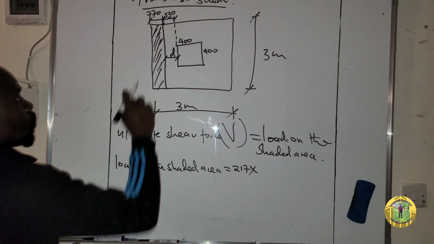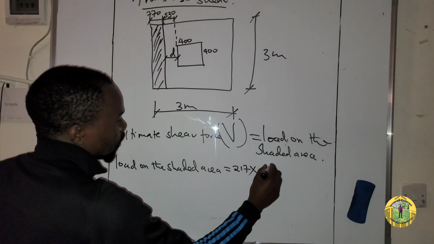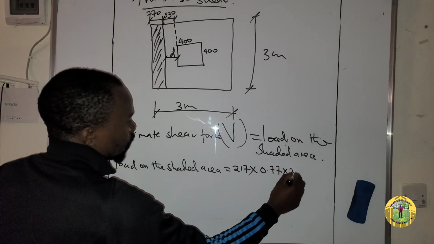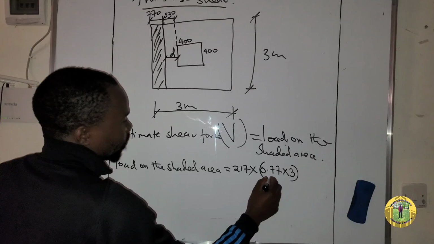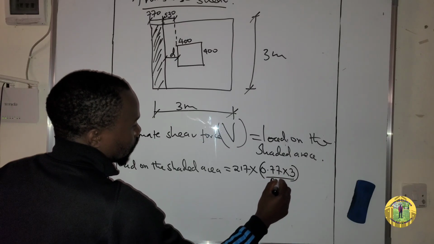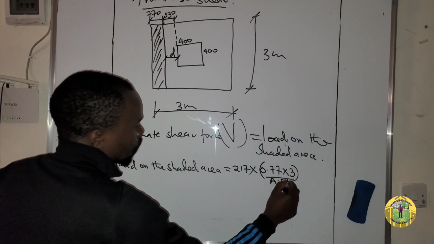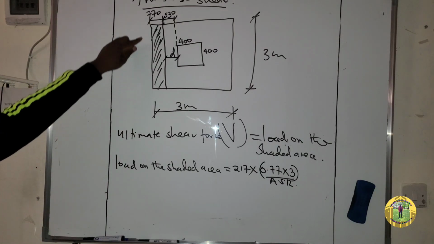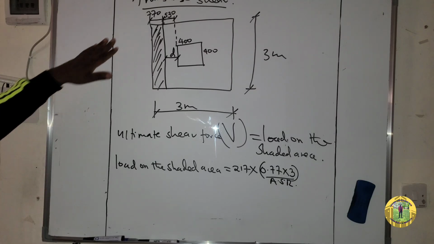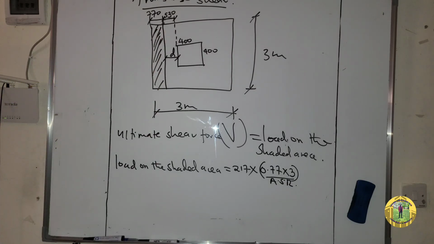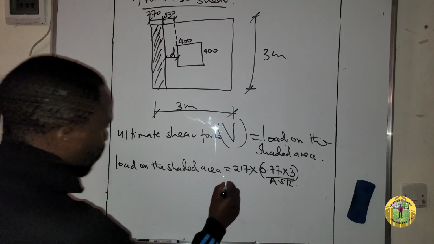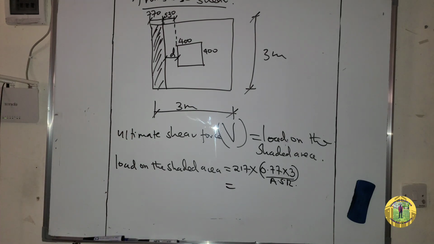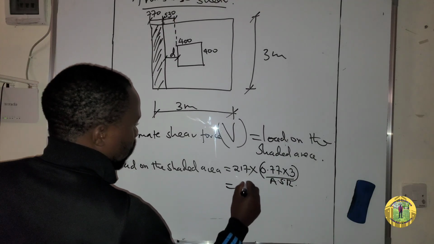The area of the shaded region will be 0.77 times 3 meters. From here to here is 3, then from here to here is 770 millimeters, which you convert to meters to get 0.77. So this is equal to 501 kilonewton.